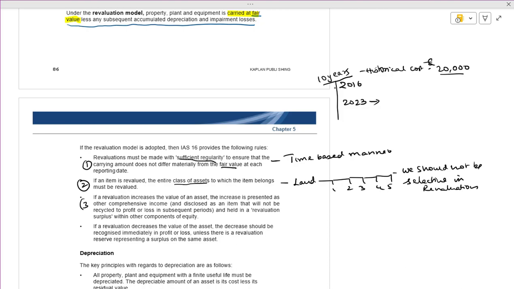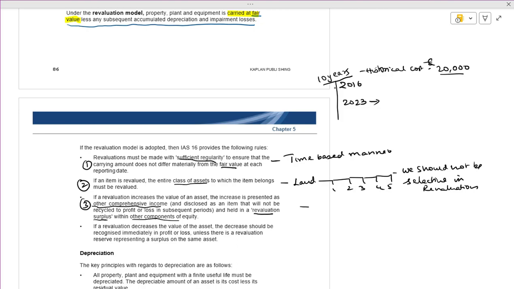If revaluation increases the value of the asset, it has to be presented in OCI. This is a point we use in calculations. If there is an increase in the asset, it has to be shown in other comprehensive income, and held as a revaluation surplus within other components of equity.